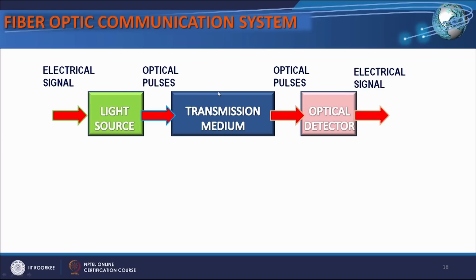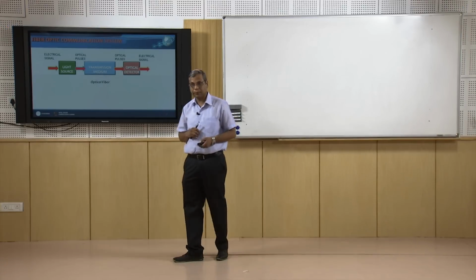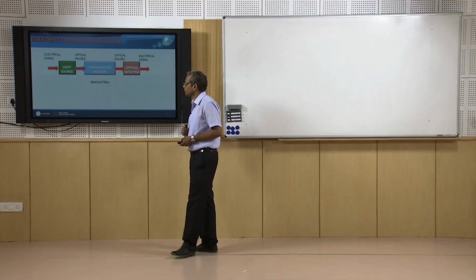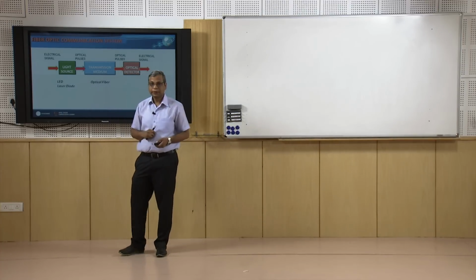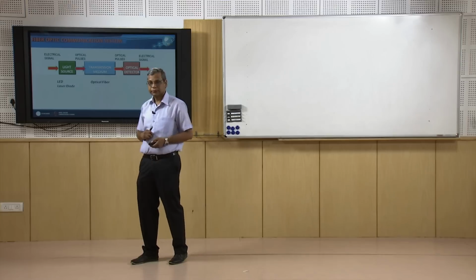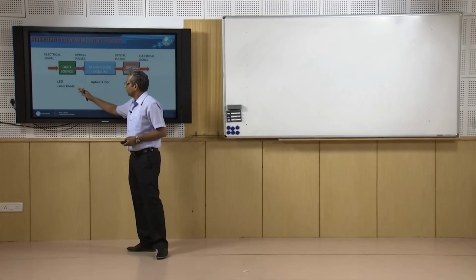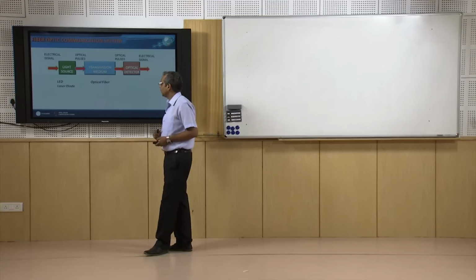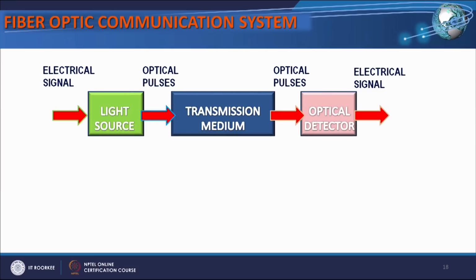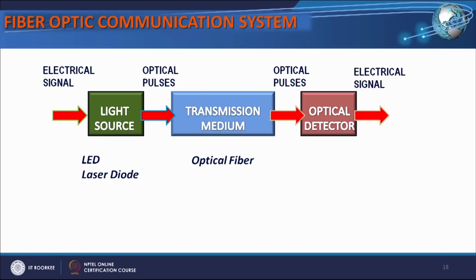So, we are going to study what are the transmission characteristics of optical fiber, what are the light sources which are used in telecommunication. So, we are going to study about light emitting diode and laser diodes. Then how the optical pulses are detected at the output end.